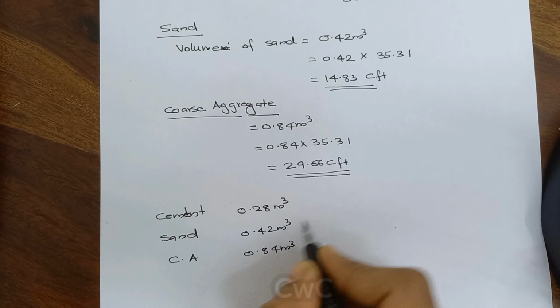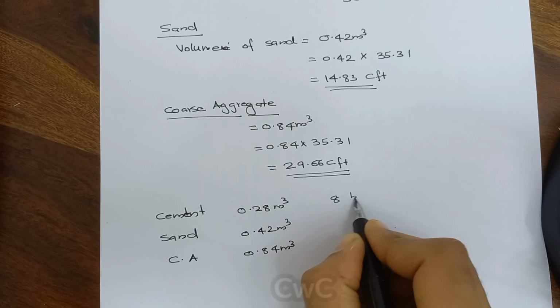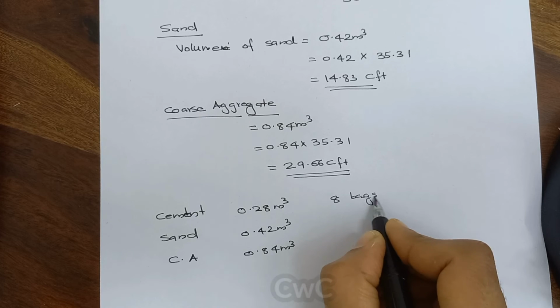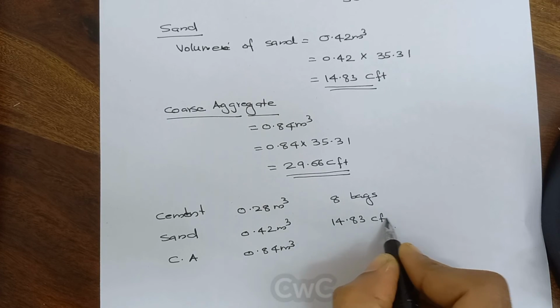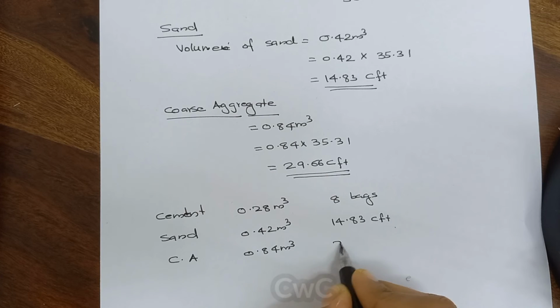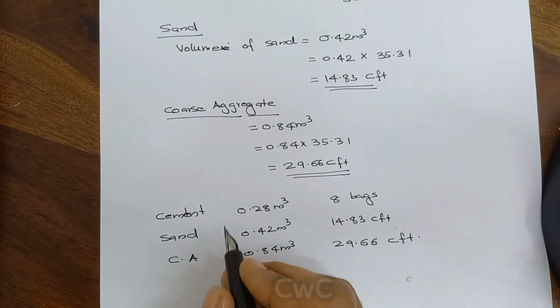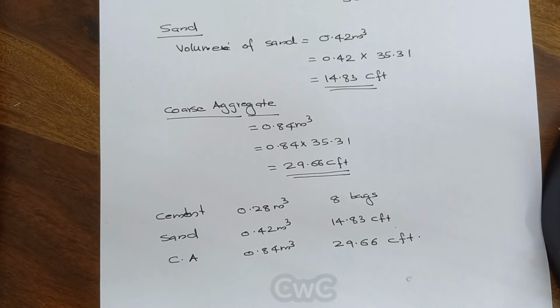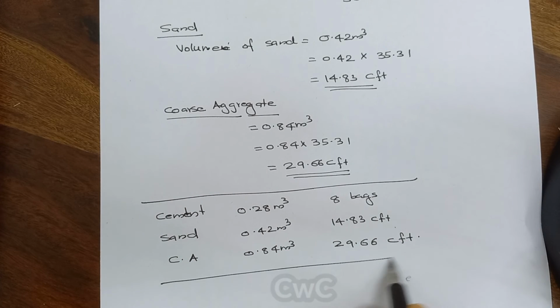So if we express it into proper units, cement is 8 bags, sand is 14.83 cubic feet and coarse aggregate is 29.66 cubic feet. So these are the quantity required for 1 meter cube of M20 concrete.